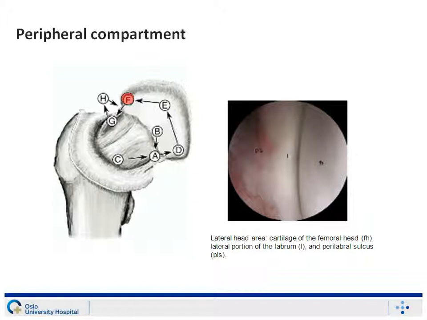Here is the bony edge of the acetabulum, which can be felt by palpating this area. You can clearly feel the change from the bone to the soft tissue of the labrum.